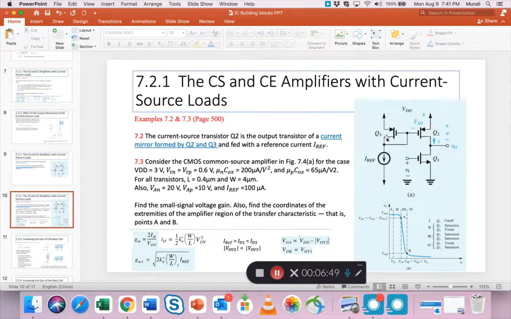Also, these two are a matched set of PMOS, so the overdrive voltages will be the same because the same current is flowing in their drains also. Because they are PMOS, we put the absolute value of VOV, right? VOV for transistor 2 and VOV for transistor 3, and they are equal.